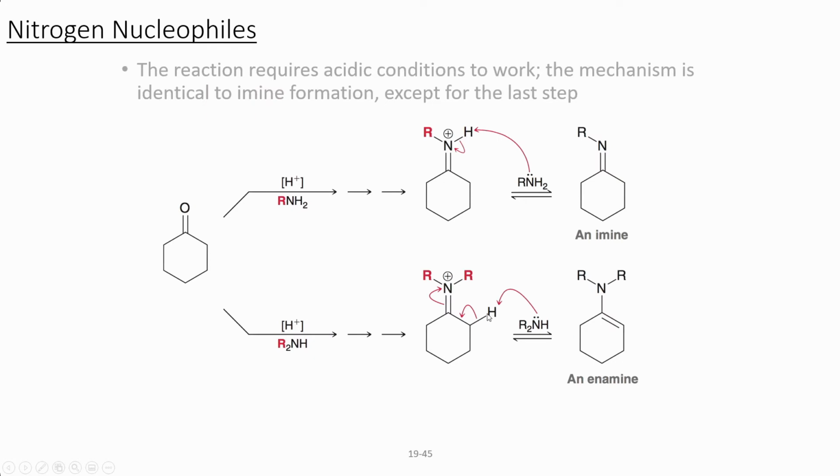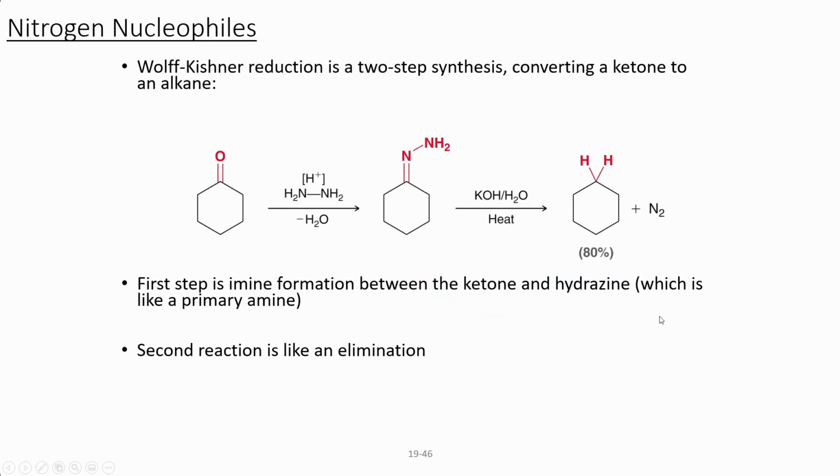So we can compare and contrast these two mechanisms and see that up until the penultimate intermediate, they're the same. We then have the deprotonation of the imine on the primary amine mechanism, and we have deprotonation of the beta hydrogen on the enamine formation mechanism.